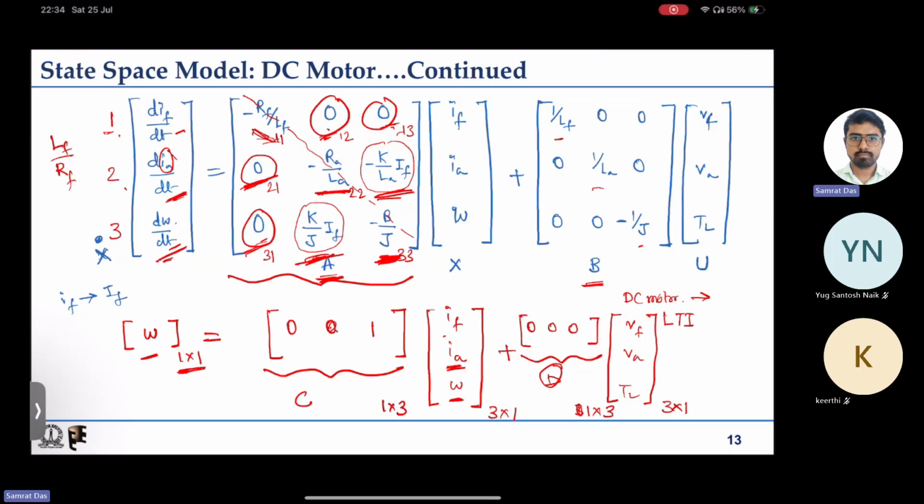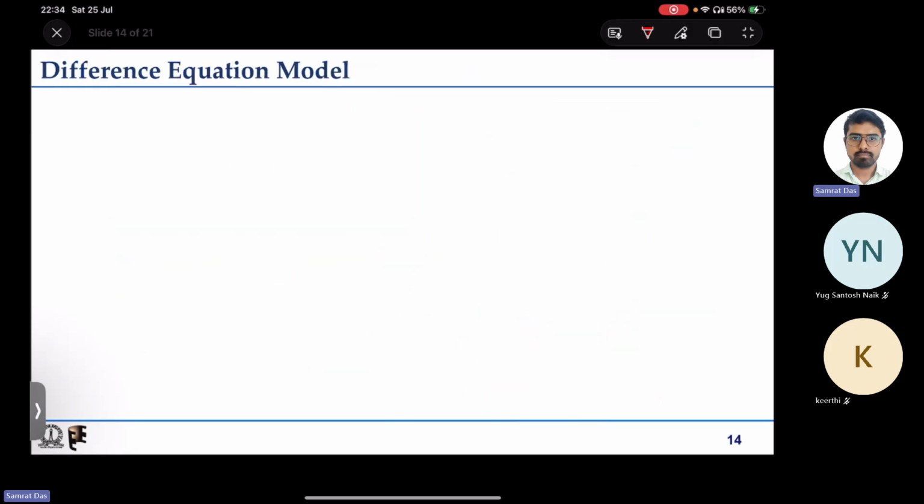So 2 3 and 3 2 are both non-zero quantities. It includes all the information of the system, so it is called the system matrix. That's all that we have discussed till now.